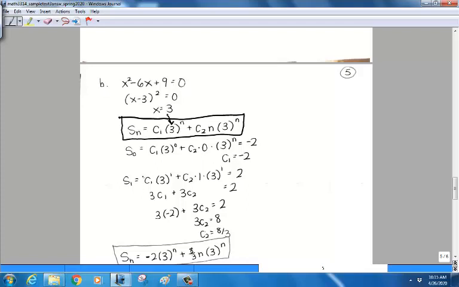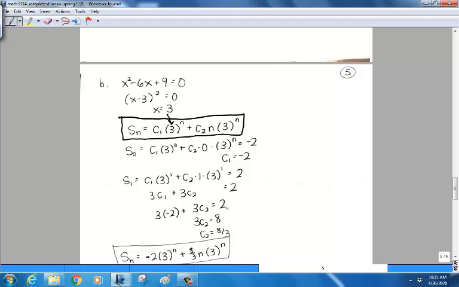Then you do this same thing for the second initial condition. You plug in 1 for n right into your recurrence formula, but you also know that you're given that S of 1 is equal to 2, so you end up with this equation, 3C1 plus 3C2 equals 2. But you already know from the first initial condition that C1 is equal to minus 2, right?